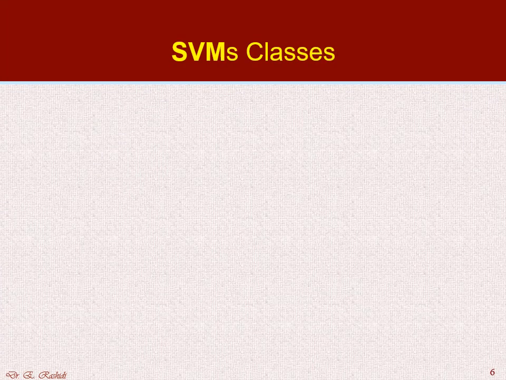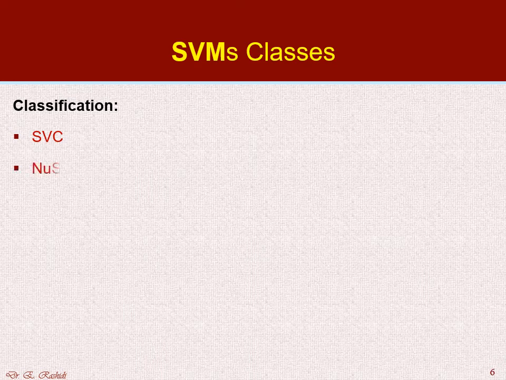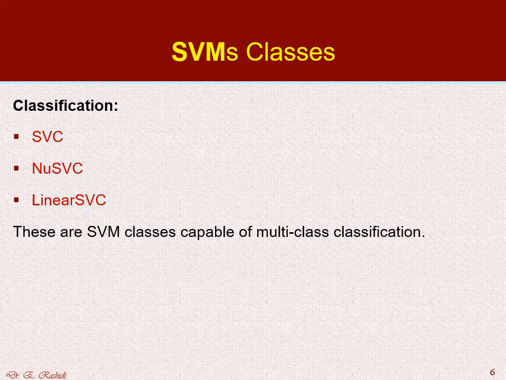SVM classes. There are different SVM classes. We have SVM classes for classification, such as SVC, which is support vector classifier. We have nu SVC, and we have linear SVC. These are SVM classes capable of multi-class classification.